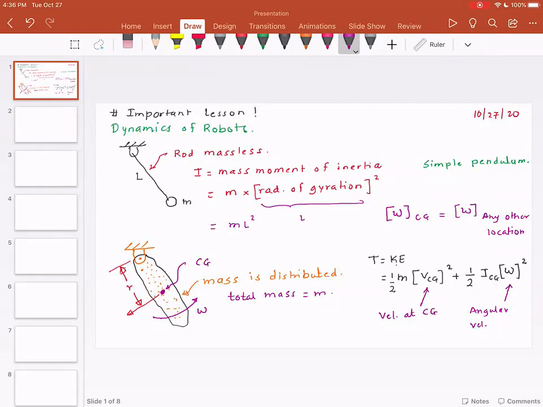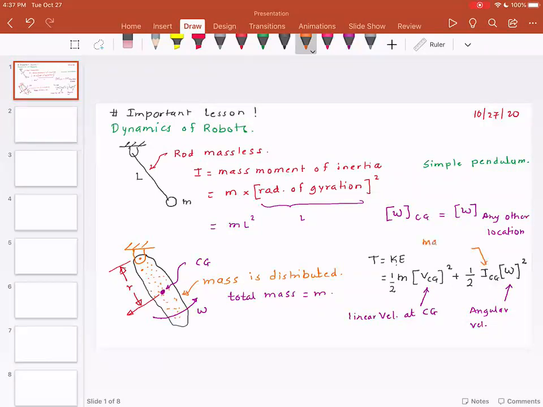But the linear velocity, and this is very important, changes depending upon where you take it. So we want to find out the velocity at CG, and we have to find out the mass moment of inertia at CG. This is super important.